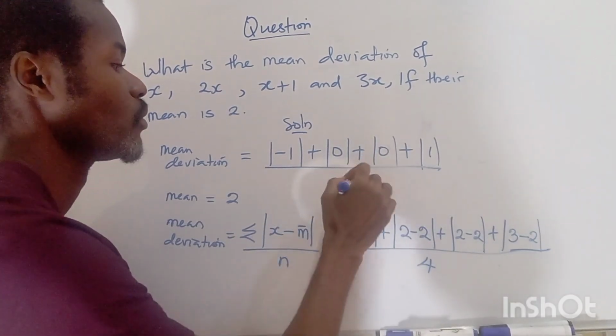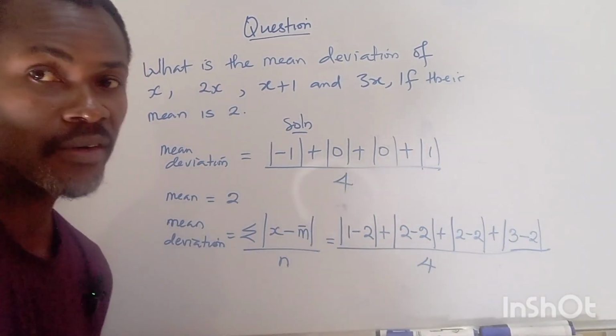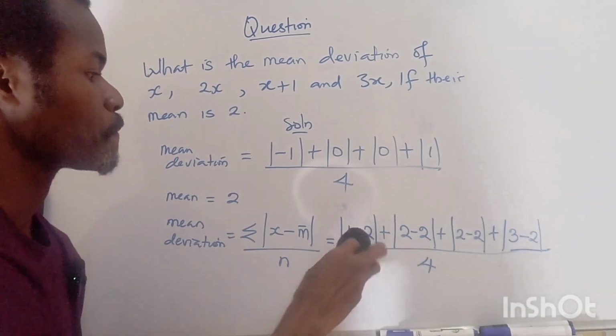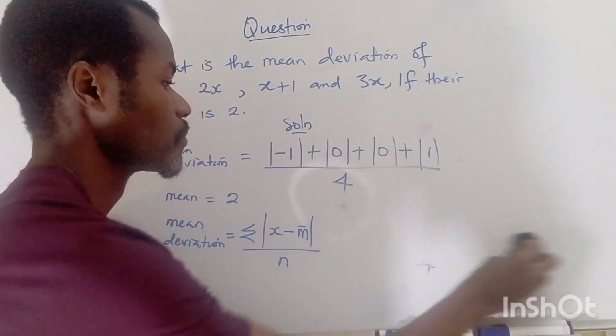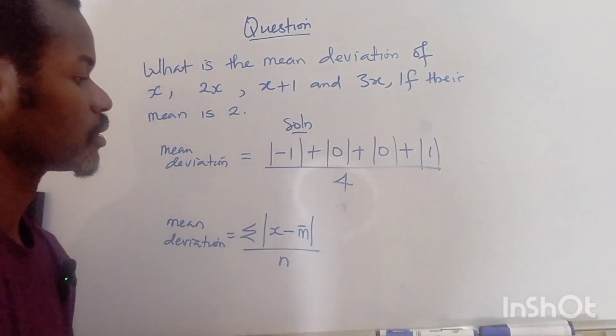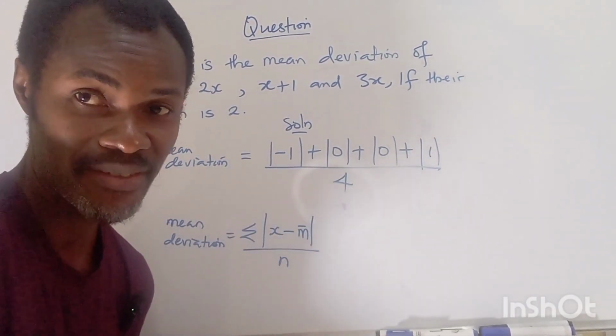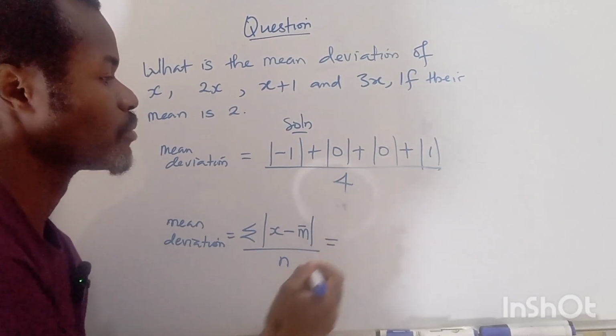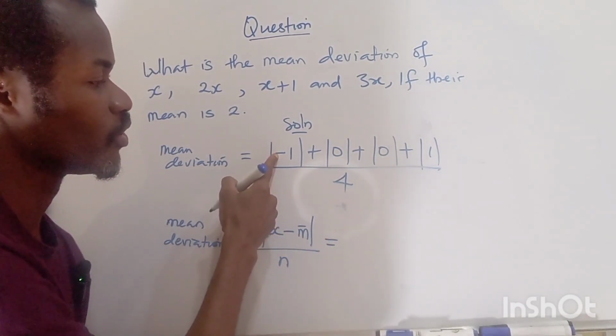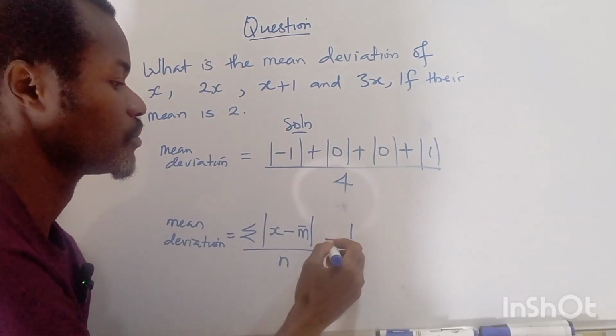All these divided by 4. Now with that, we can get the absolute deviation. What do I mean by absolute deviation? The absolute deviation of minus 1 is still 1.